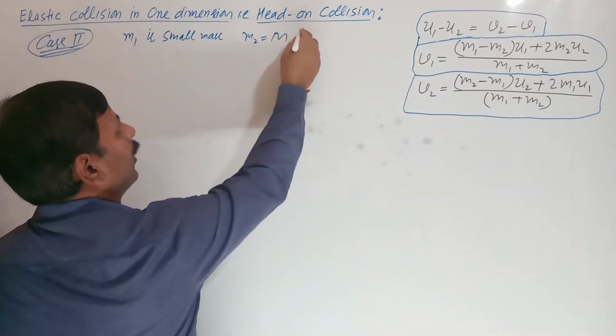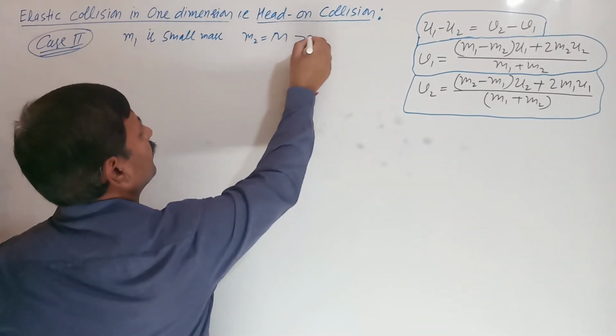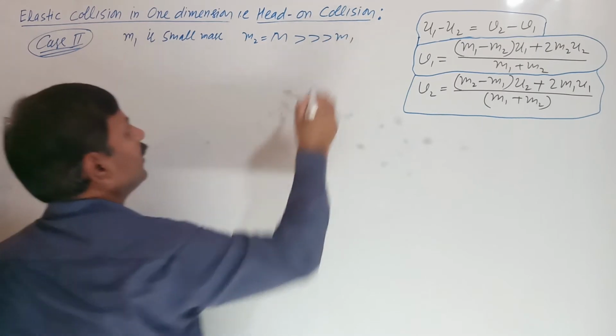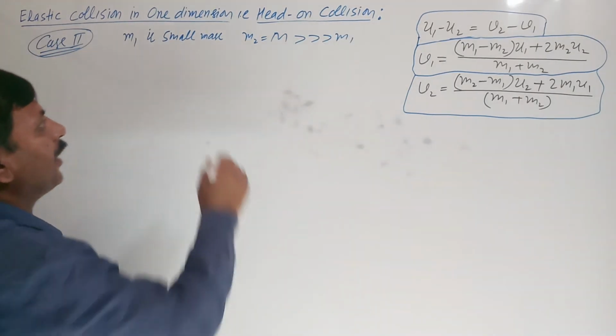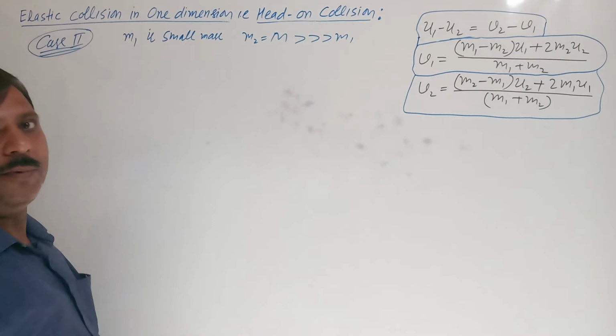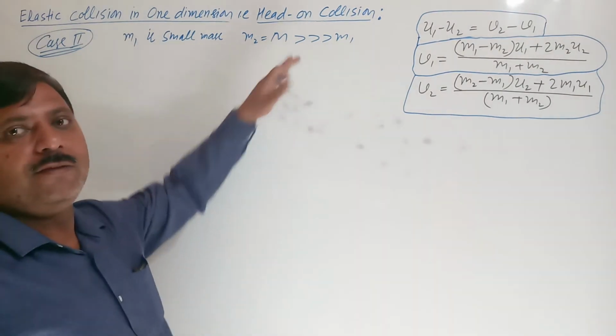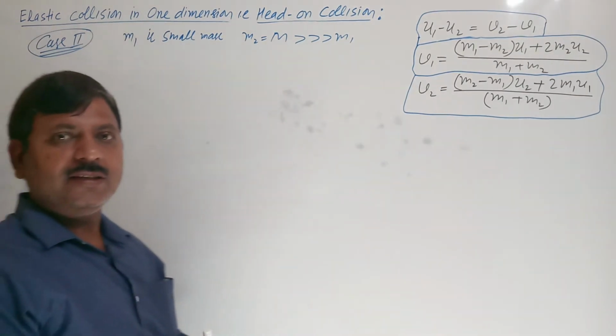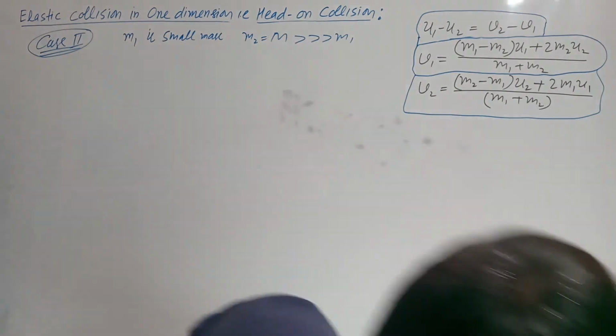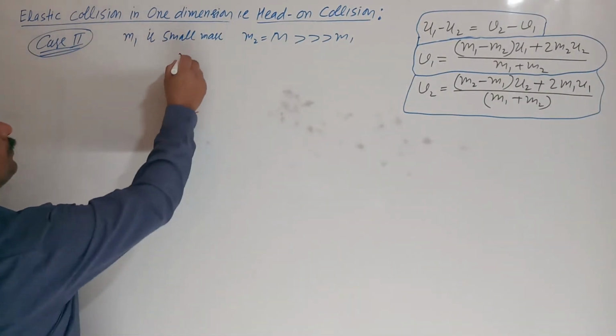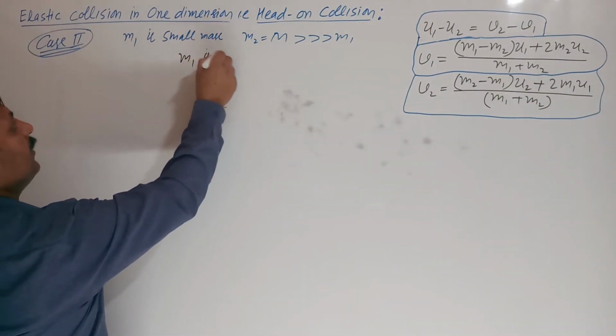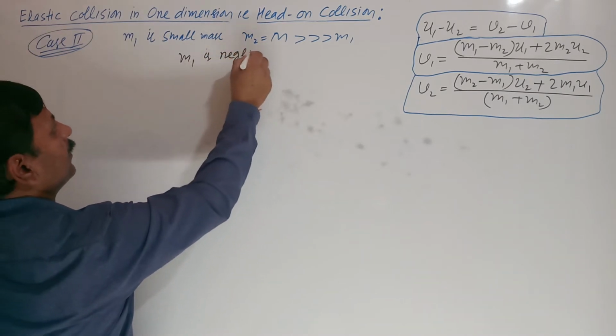This is like a wall, so M is much greater than m1, or you can say m1 is negligible in comparison to capital M. In that case m1 is negligible.